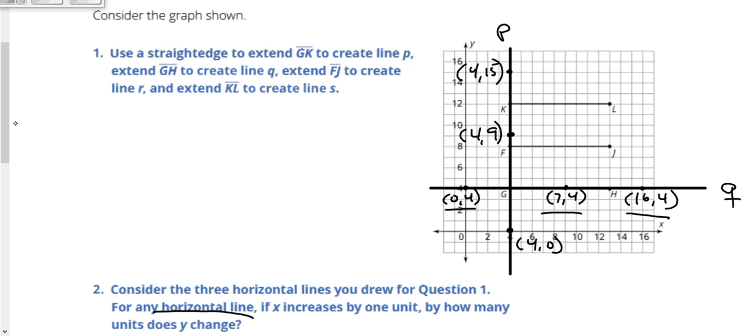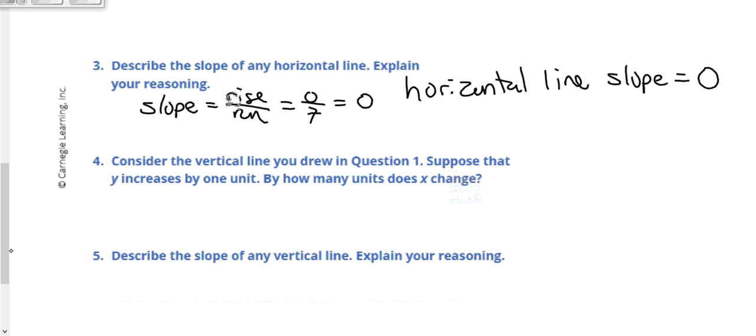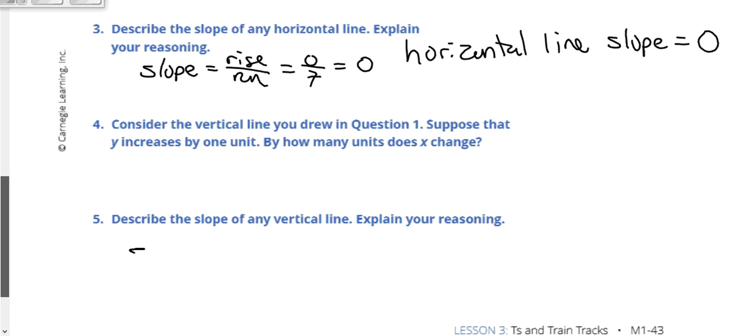So again, if we're going to look at the slope, rise over run. Okay, it rises a lot. In fact, I think it goes from 0 to 9, so it rises 9 if I was to pick 2 of my points, but it doesn't run at all. It has 0 run.